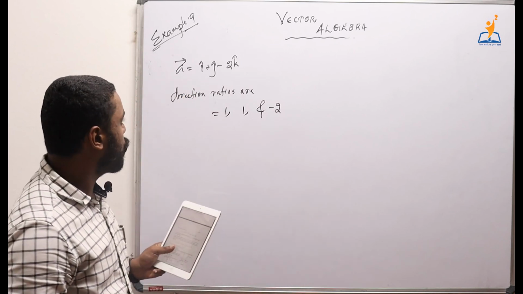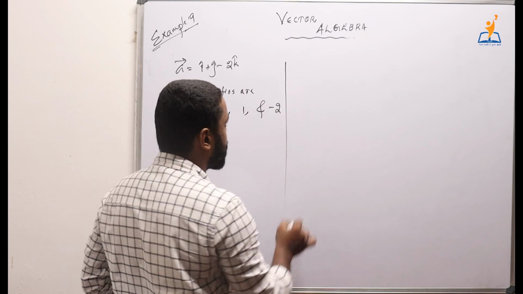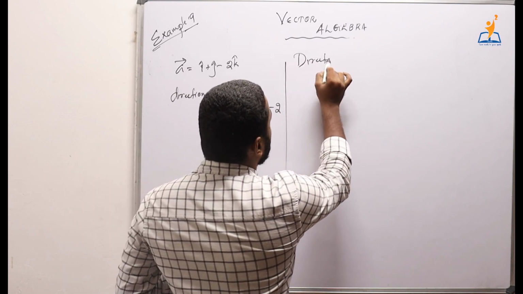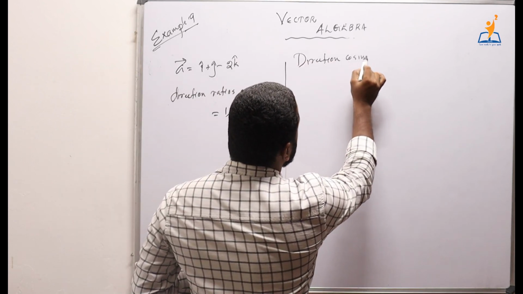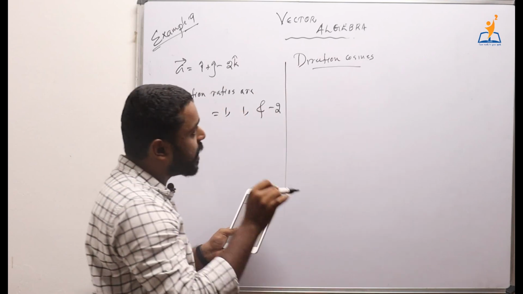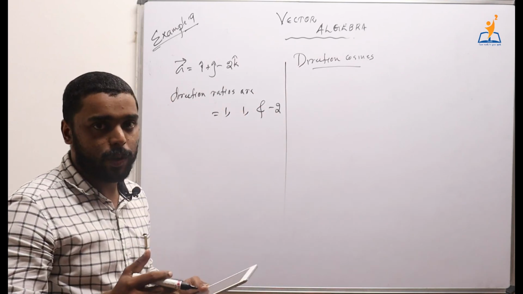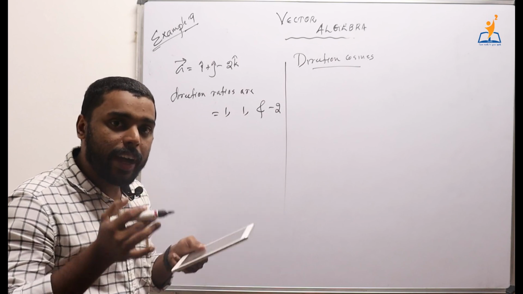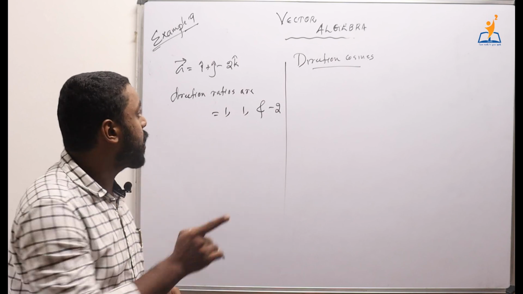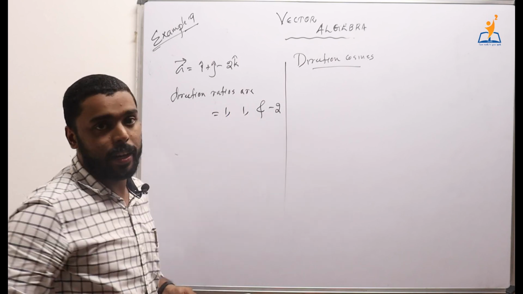Now we are asked to find the direction cosines. Hence in the question it is asked that hence find the direction cosines. That is, we have to find the direction cosines from these direction ratios.